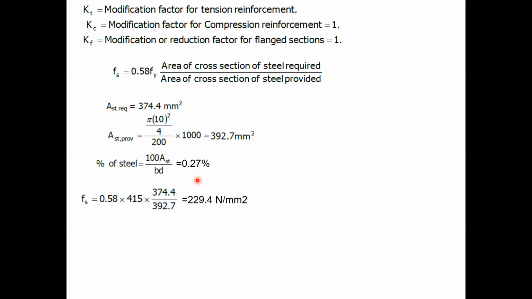You have PT, that is percentage of steel, 0.27, and Fs is 229.